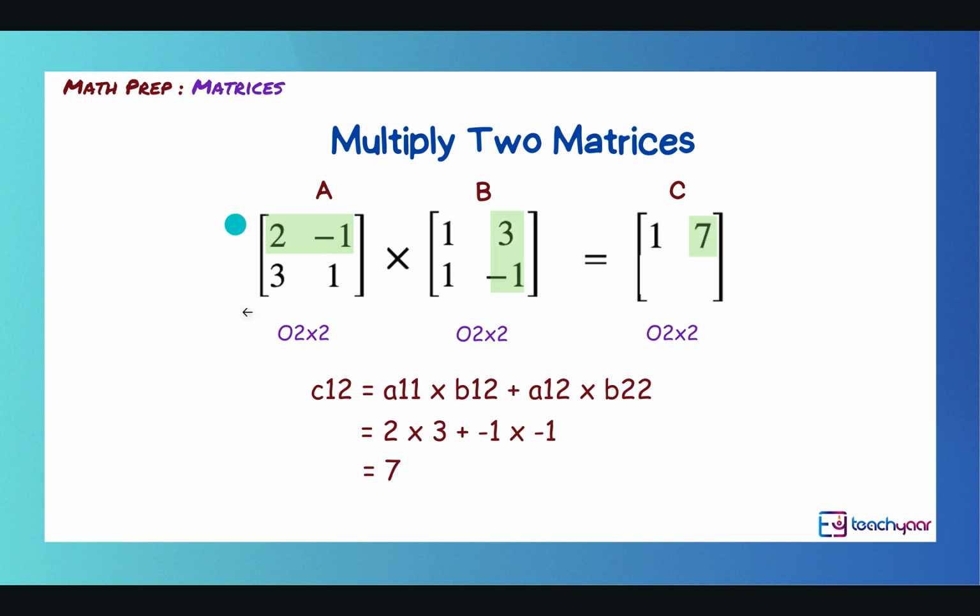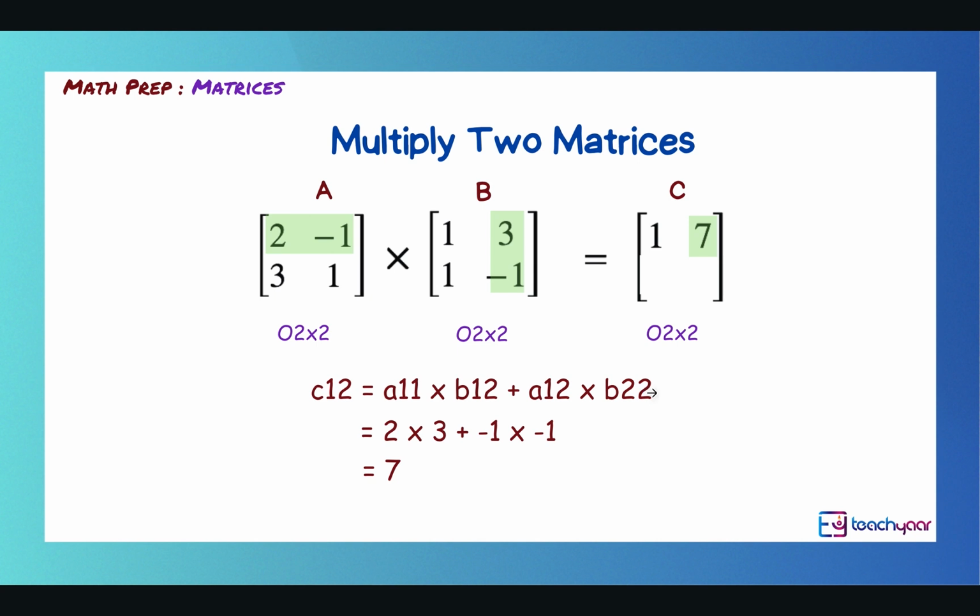So you take the first row of A, 2 is the column index, so second column of B. So you get 2 times 3 plus minus 1 times minus 1, which means 2 times 3 is 6, minus 1 times minus 1 is 1, and so you get 7.